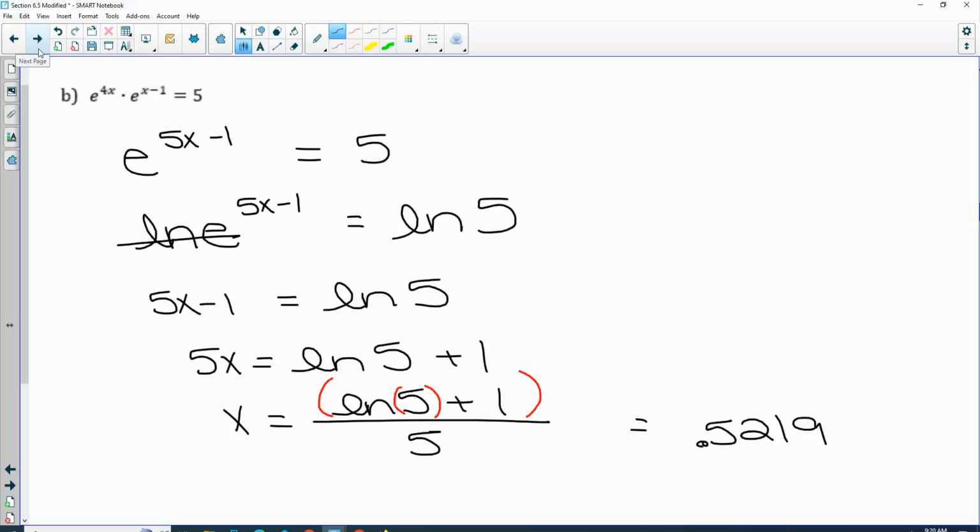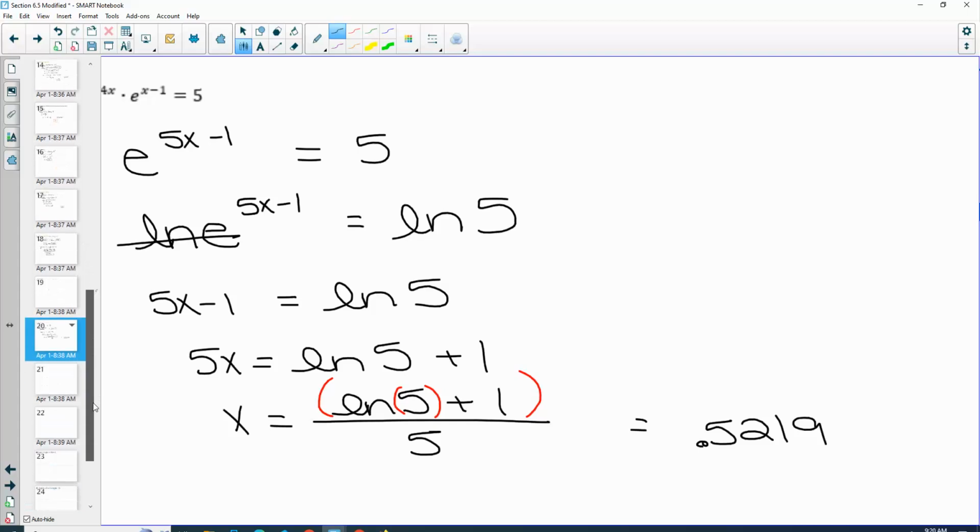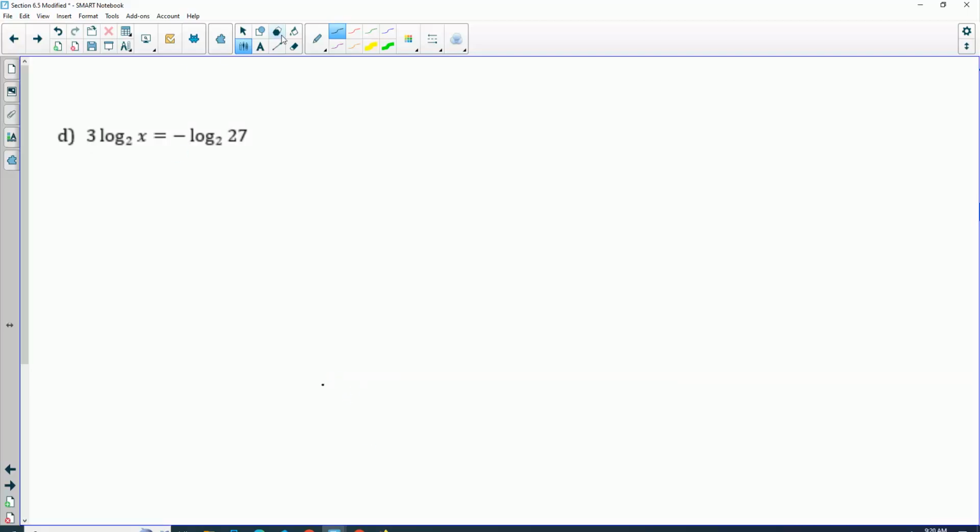Let's look at problem D. Are there any questions on this one? If I look at D, what would my strategy be on this one?